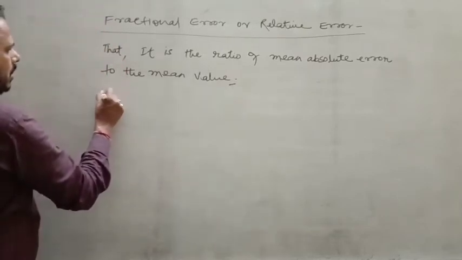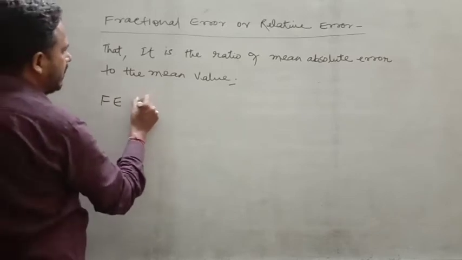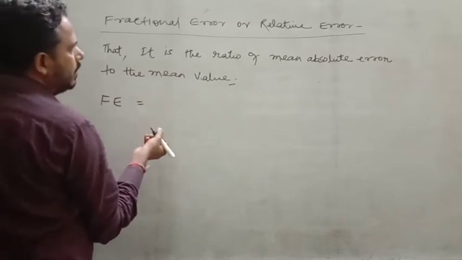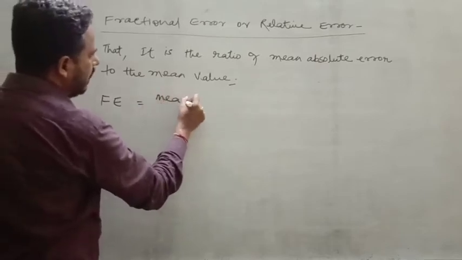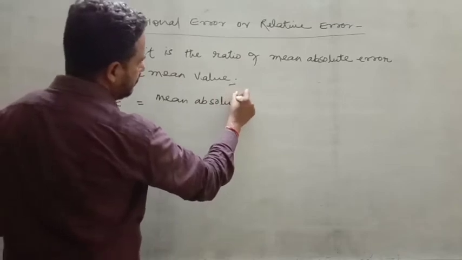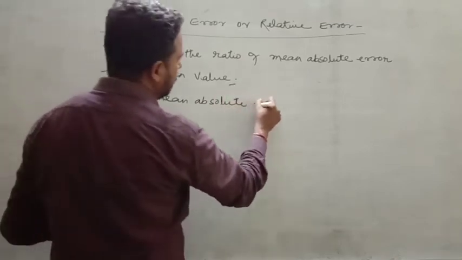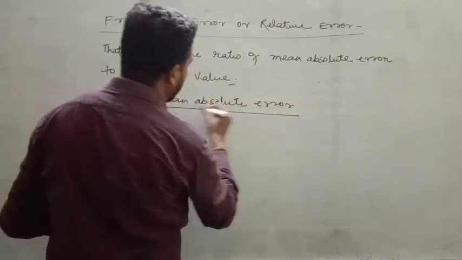If fractional error is represented by Fe, then Fe is equal to the mean absolute error to the mean value.